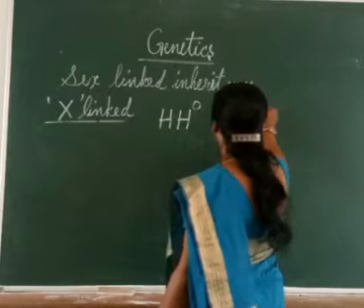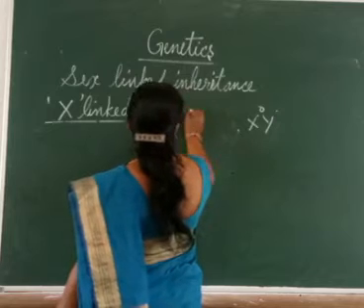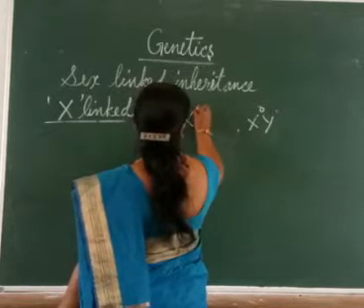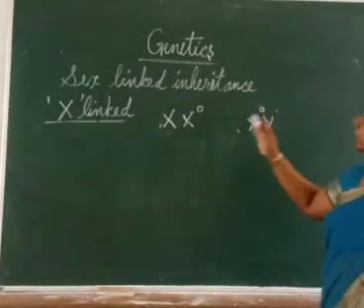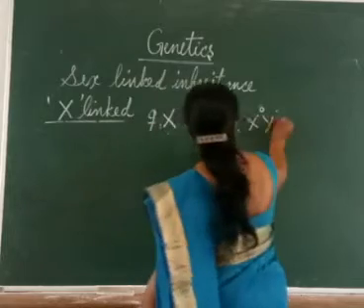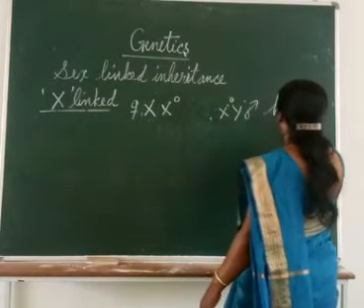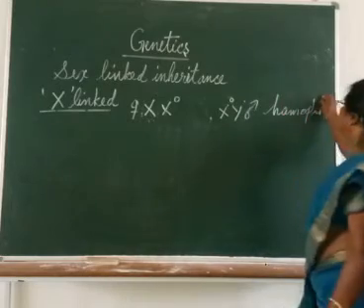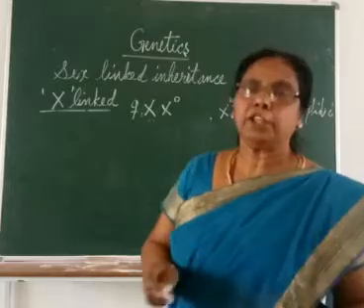The same thing. You can see X0, like the same way I have shown. Suppose this is the female, and this is the male having hemophilia. Hemophilia disease means suppose any small wound happens in your body.